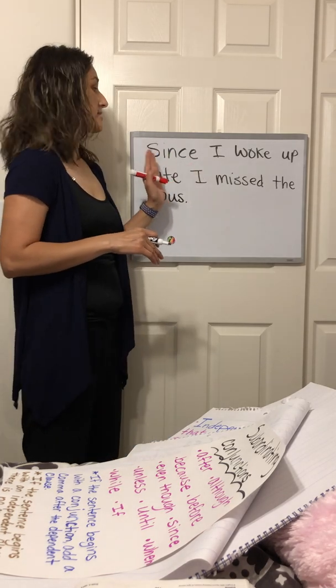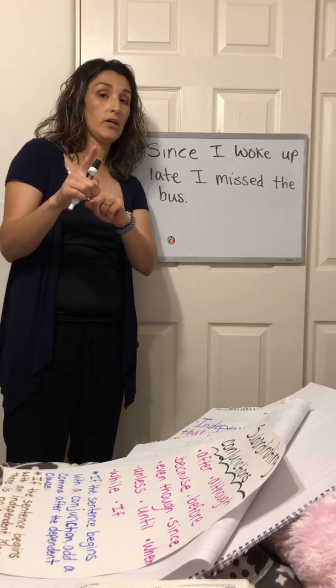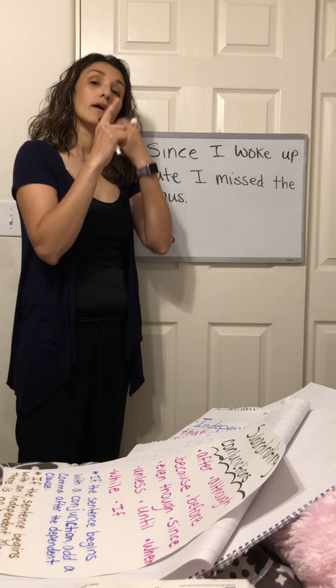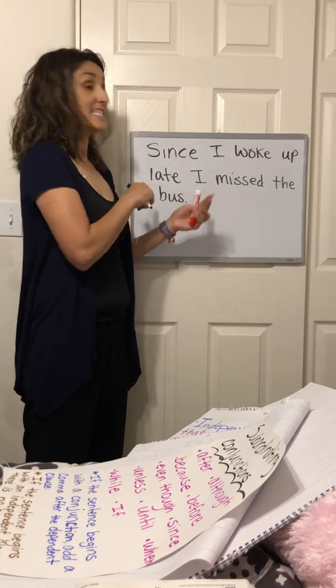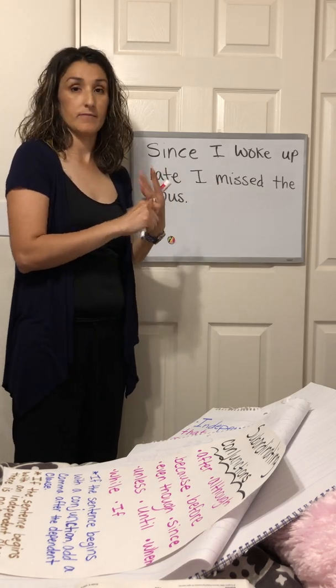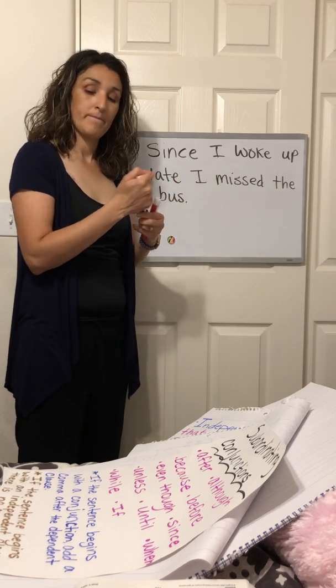Okay? So the sentence says, since I woke up late, I missed the bus. Pause the video and go ahead and find the conjunction, find the independent clause, decide if it needs a comma, and then find the independent clause. Okay? So do that and then come back and finish the rest of it.